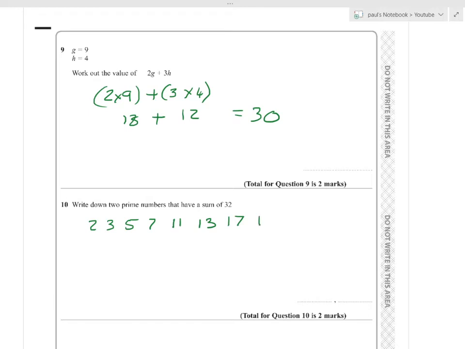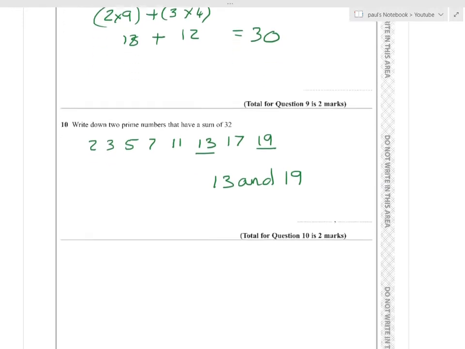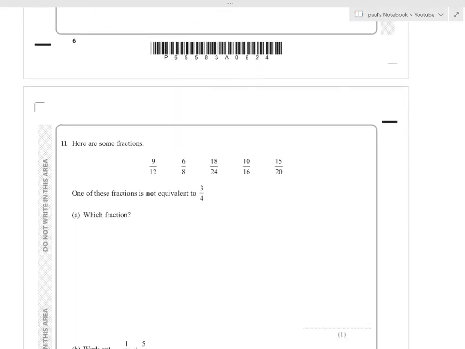Still want another one. 19. So we can have 13 and 19. There may be other combinations, but I'm not sure. It gets a bit difficult when you're trying to remember all the prime numbers.